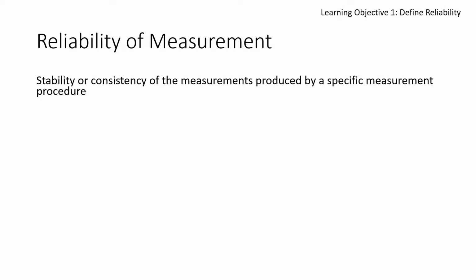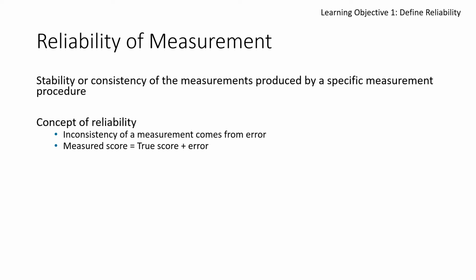And you can look at reliability in other ways, which we'll talk about in just a minute, where you look at reliability between two measures. But in general, when we're talking about reliability of a measurement, we're talking about how stable or consistent the measurements are that are produced from that specific procedure.